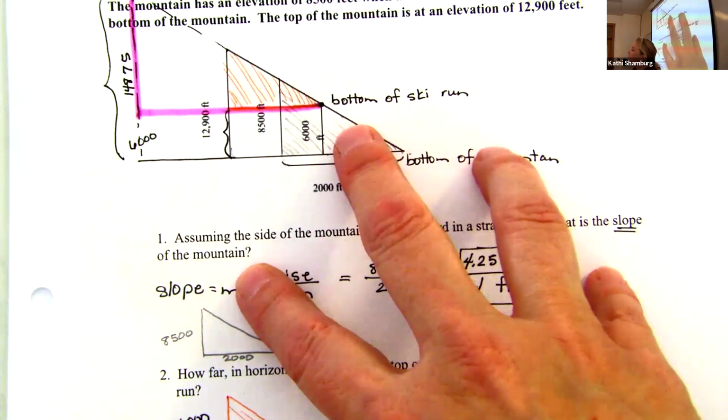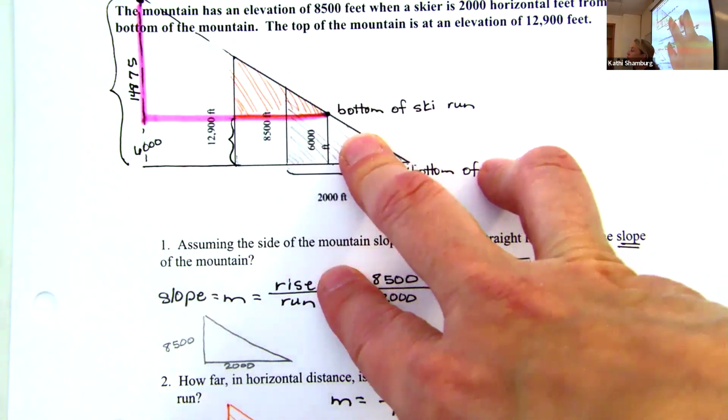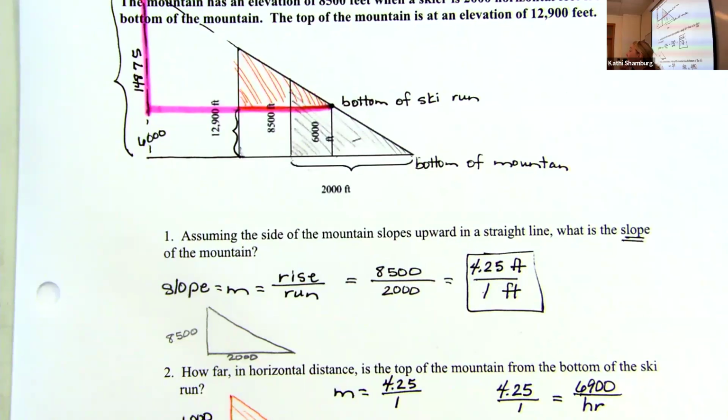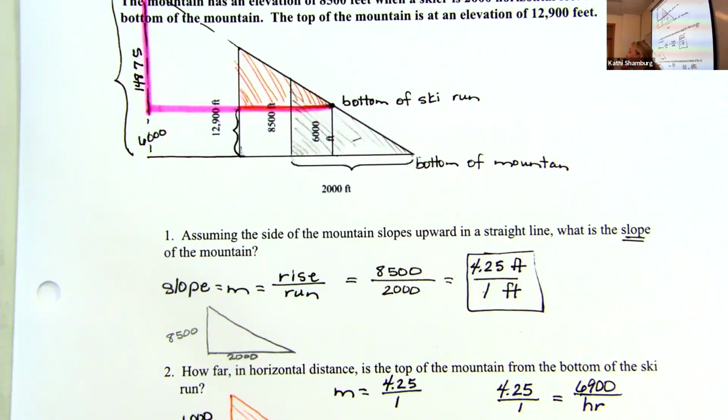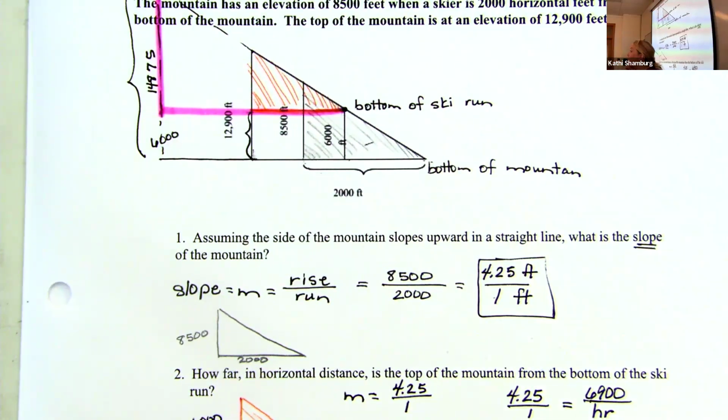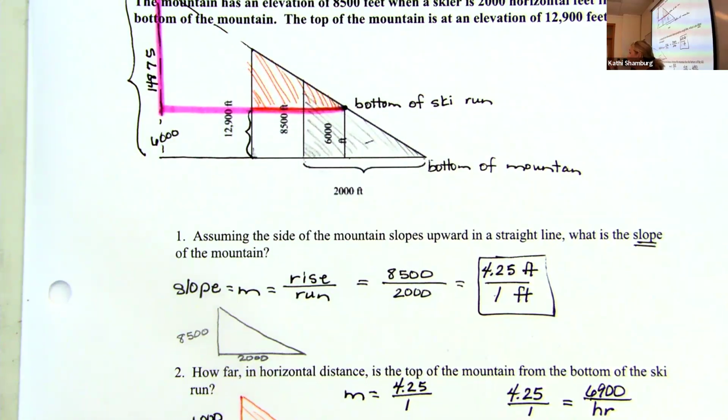What I'd say on this, in WebAssign and in notes, we did some that had like a ladder against a wall and the picture was already given. So there were some picture problems on WebAssign. You might see something like that on the test, where the picture is given. So just wanted to add that information on there as well. Okay.